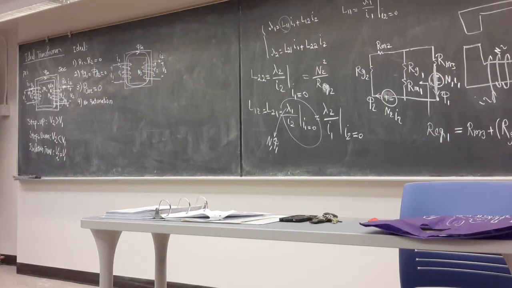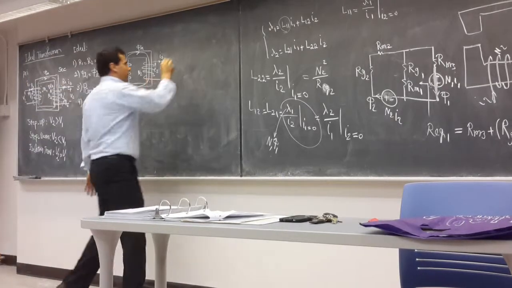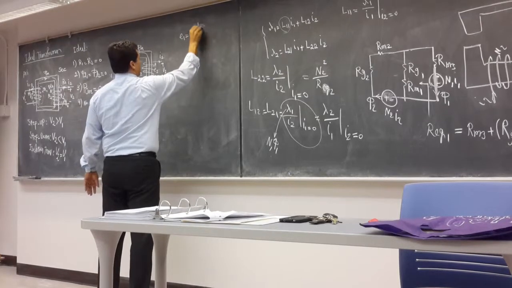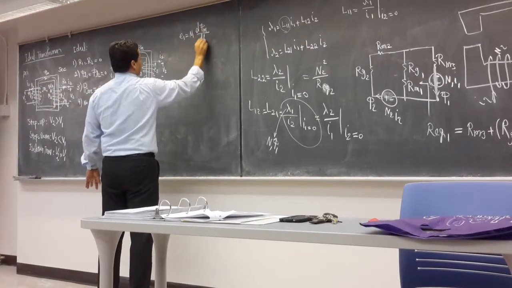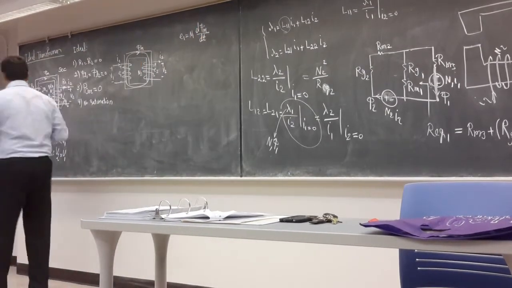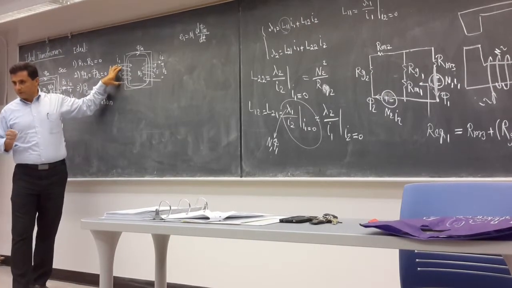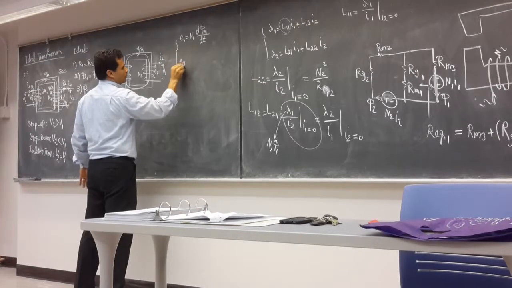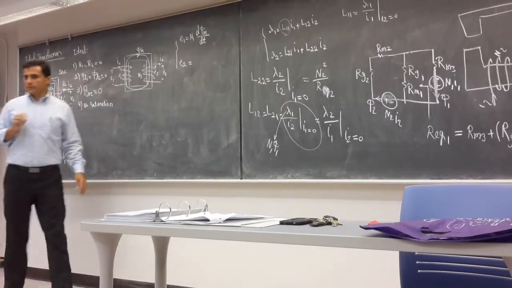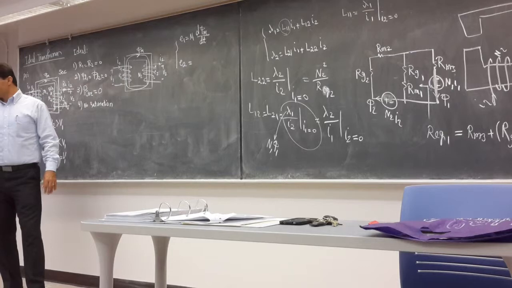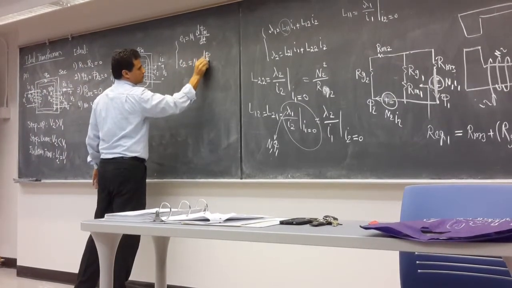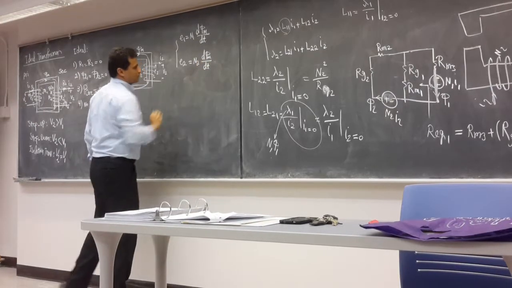Now let's find out the equations for this system. Based on the Faraday law, we know E1 is equal to N1 dΦm over dt, right? That's the voltage we have here. How much is E2? E2 is N2 dΦm over dt.